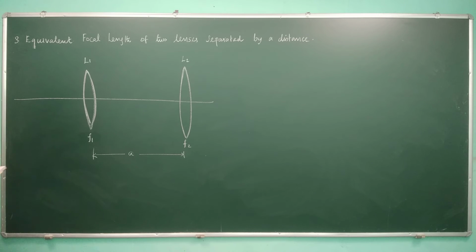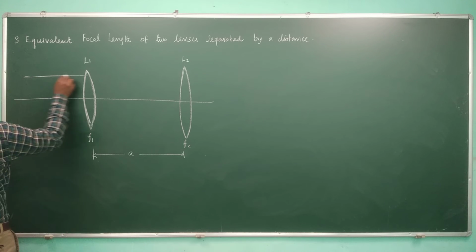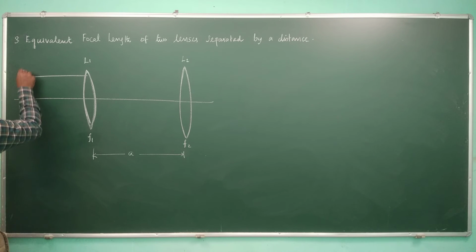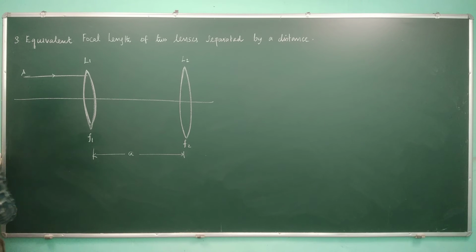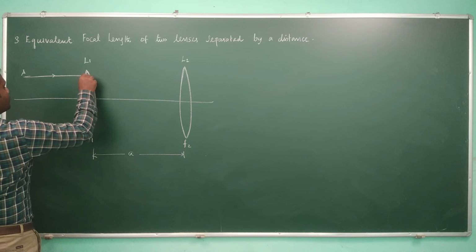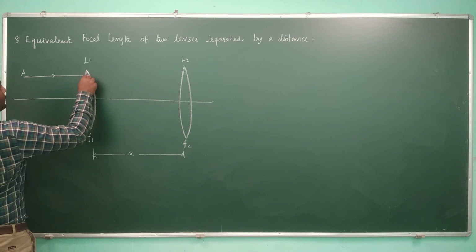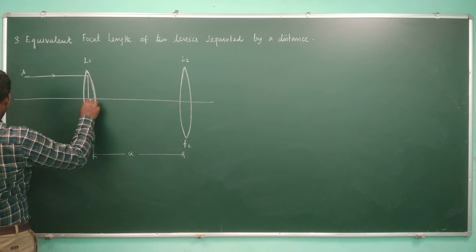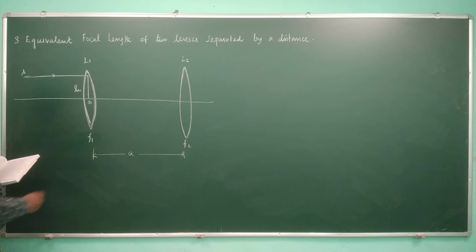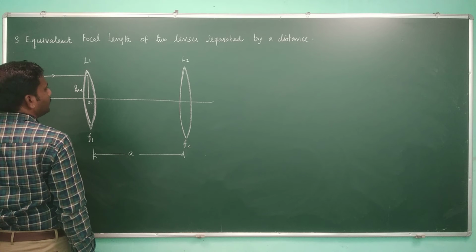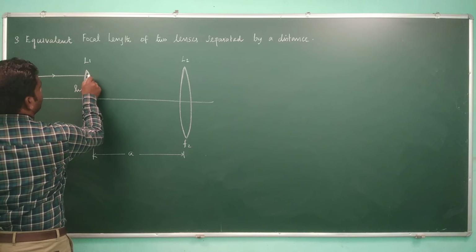Now assume that there is a light ray A that is traveling parallel to the optical axis, which touches lens 1 at height h1 from the center O1, and it gets deviated.